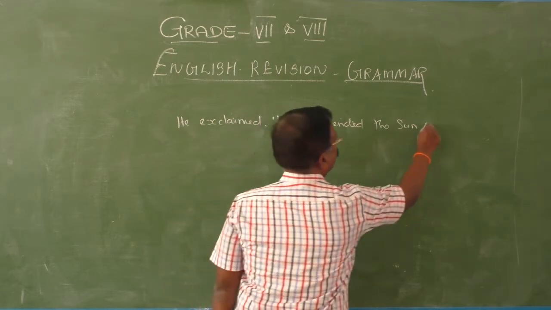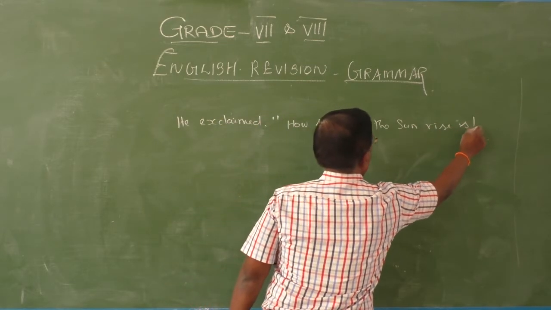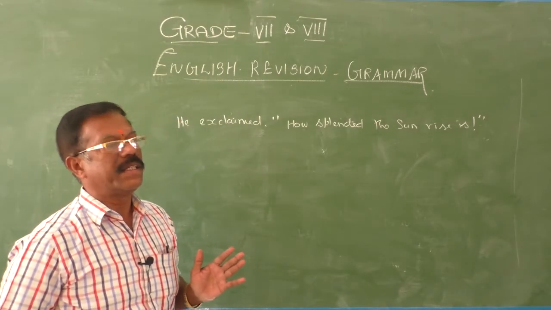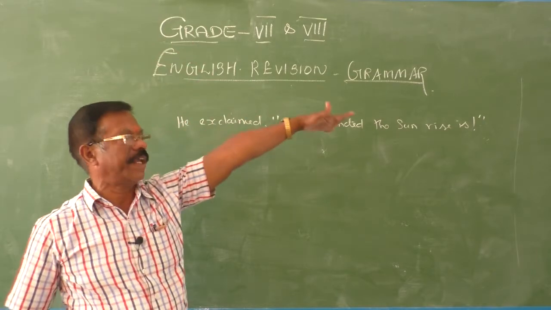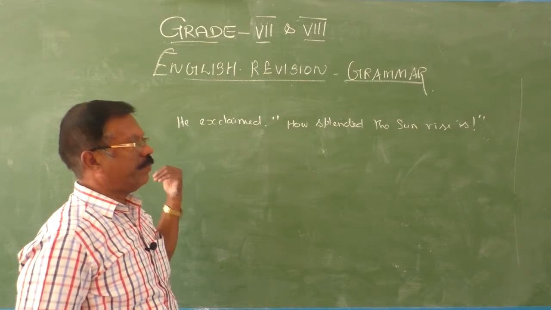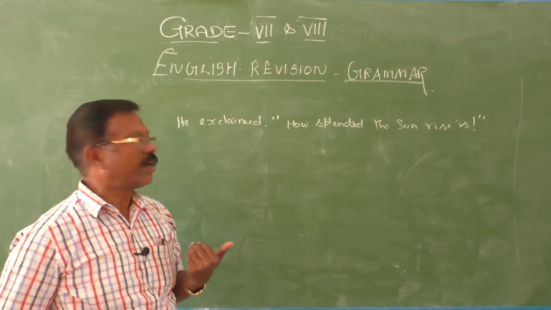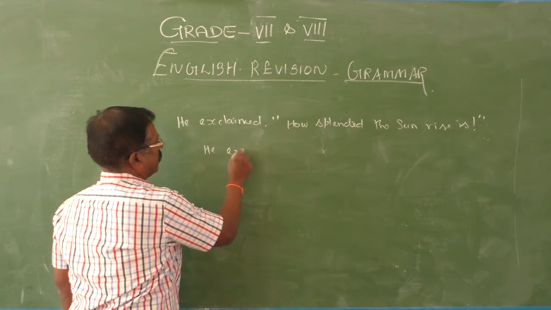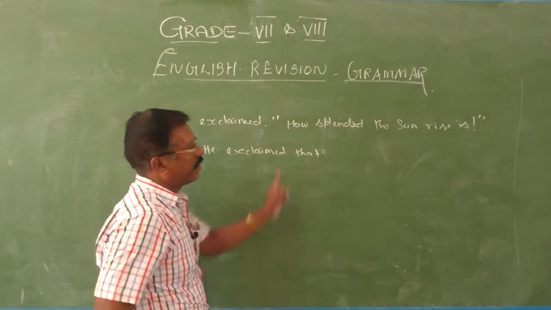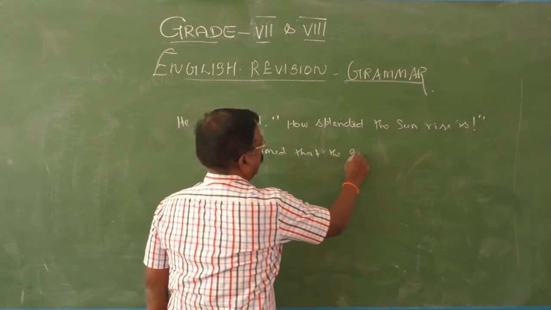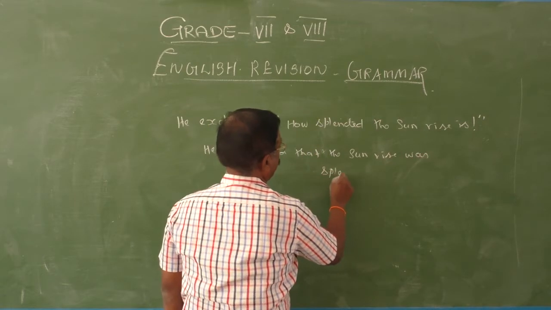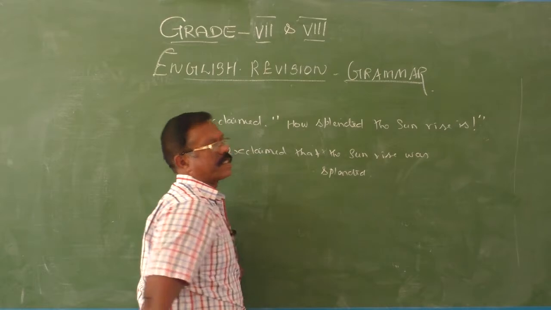Mostly in exclamatory sentences, the subject and the verb come at the end of the sentence. So you have to identify them, and then bring them to the beginning of the sentence. Okay, fine. So he exclaimed that the sunrise was splendid.